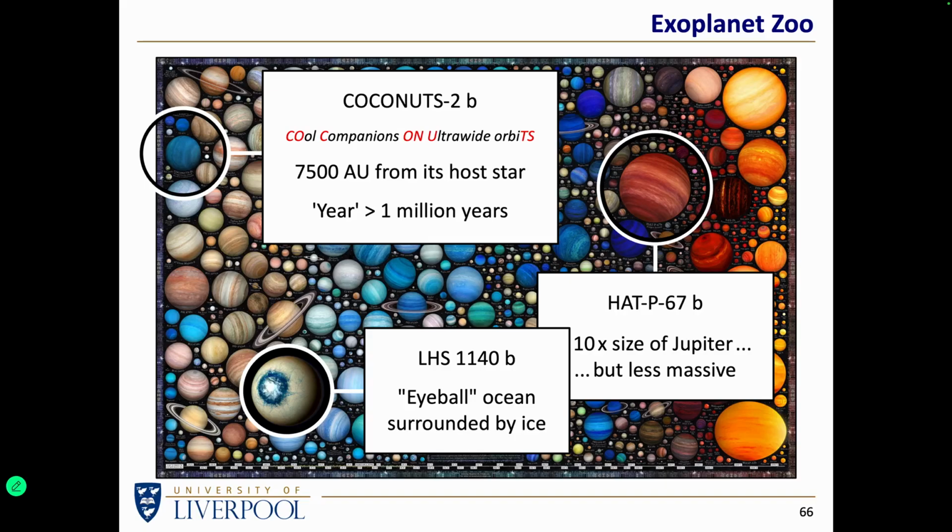And yet it's close enough to its host star to be tidally locked, so the same face of the planet always points towards the star. Of course, that's not what we have with Earth. Earth turns once every 24 hours, and so everybody on Earth gets a share of the sunshine every once in a while.